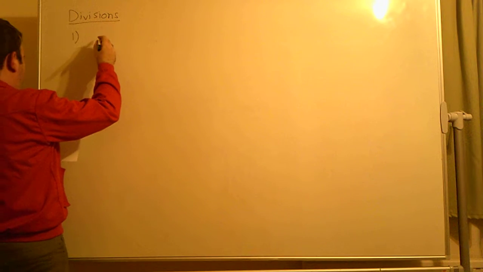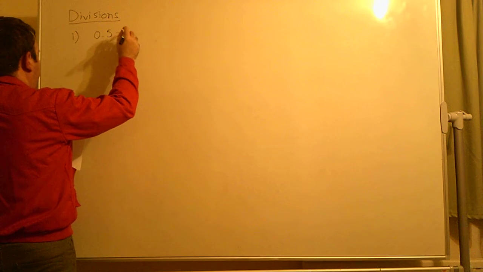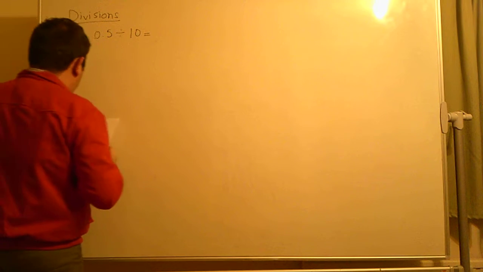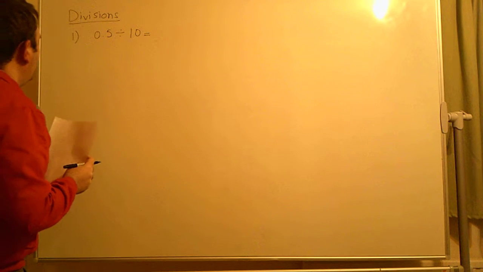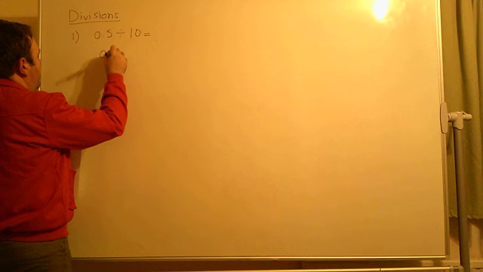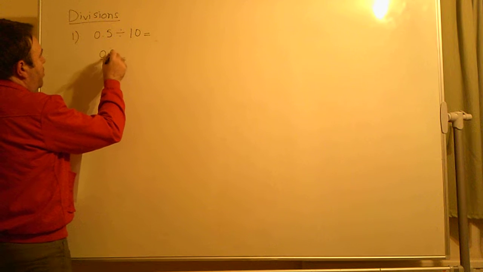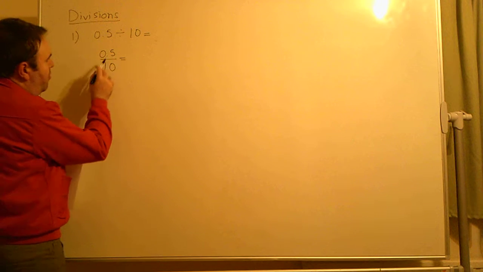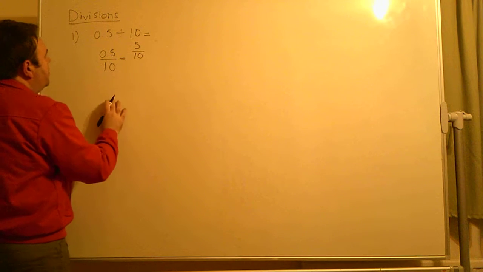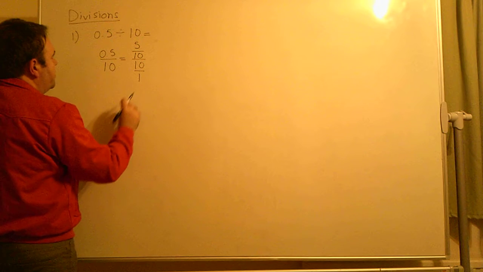First example, which would be 0.5 divided by 10. So, what do we do here? Well, we can write it down as 0.5 divided by 10, and then we remember that 0.5 is equal to 5 divided by 10, then divided by 10 divided by 1.